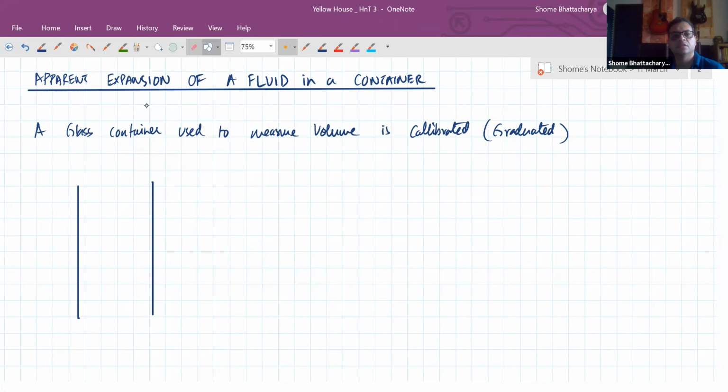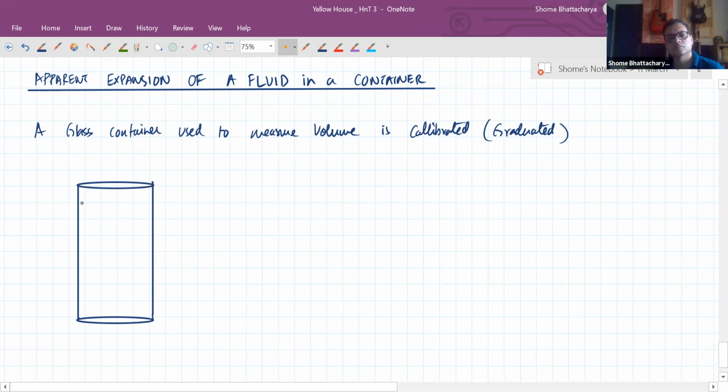So a graduated glass vessel or container is something that is used to measure the volume of fluid inside it. So we have this type of graduations.